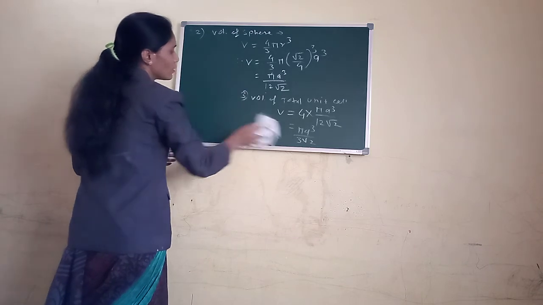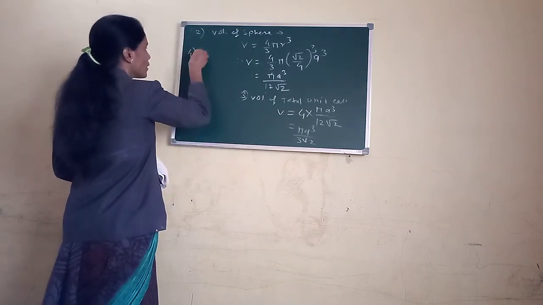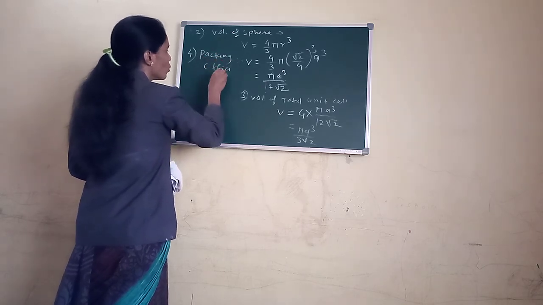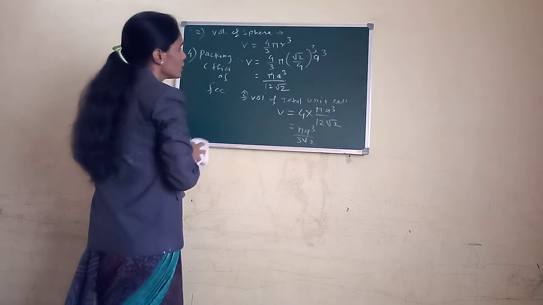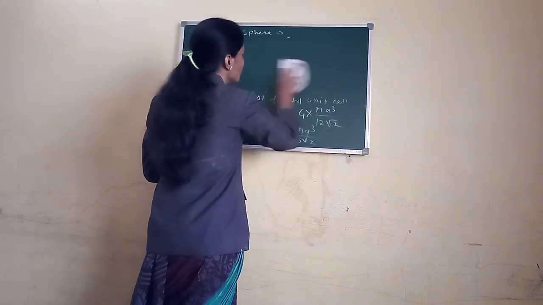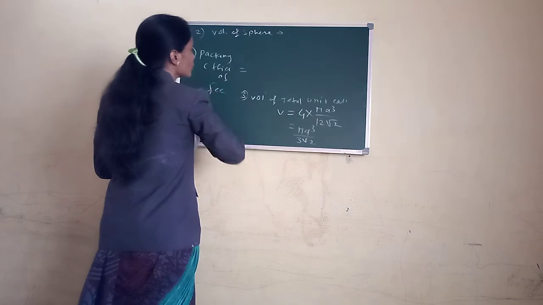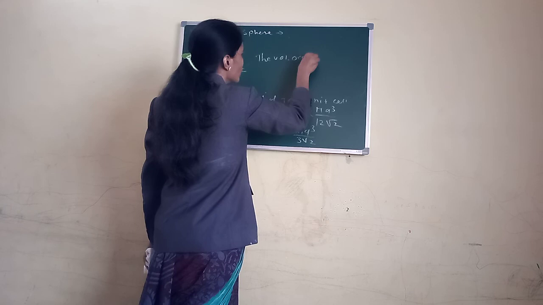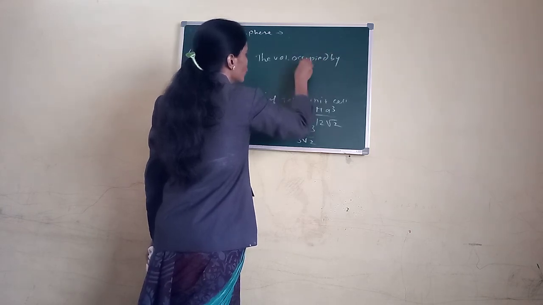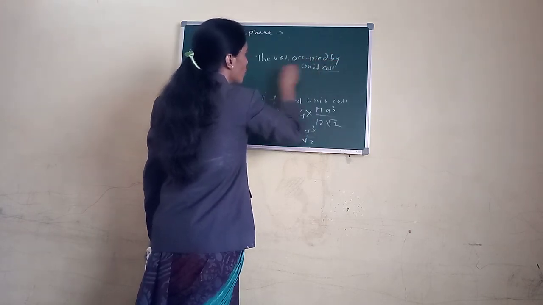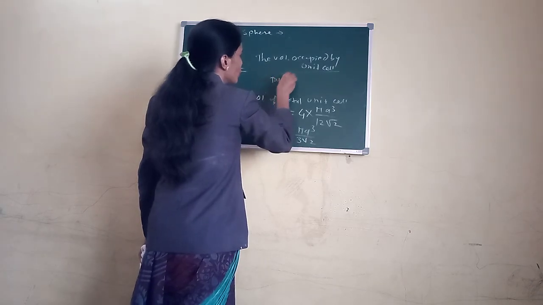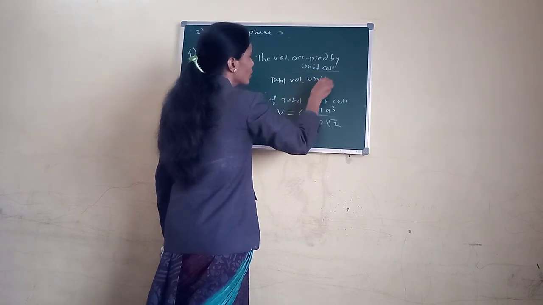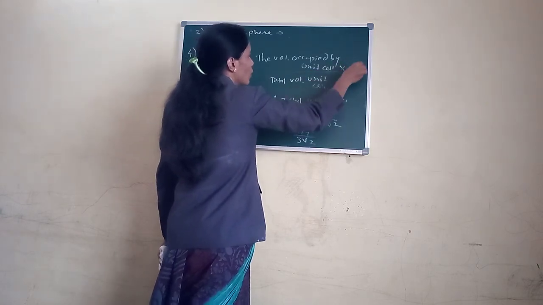And last, fourth, is packing efficiency. Packing efficiency of FCC is equal to the volume occupied by the unit cell upon the total volume of the unit cell, into 100.